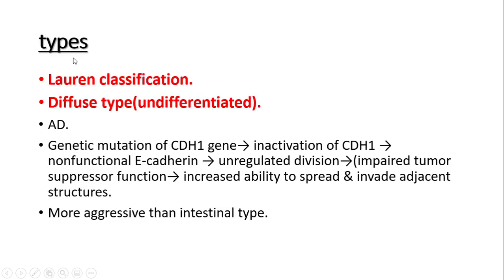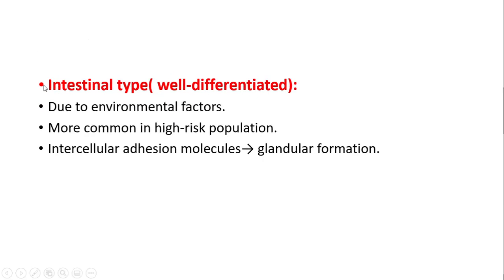The types of gastric cancer or types of gastric carcinoma: there is a special classification called the Lauren classification to classify gastric carcinoma into two main types, the diffuse type or undifferentiated type, and the other, the intestinal type or well-differentiated type.